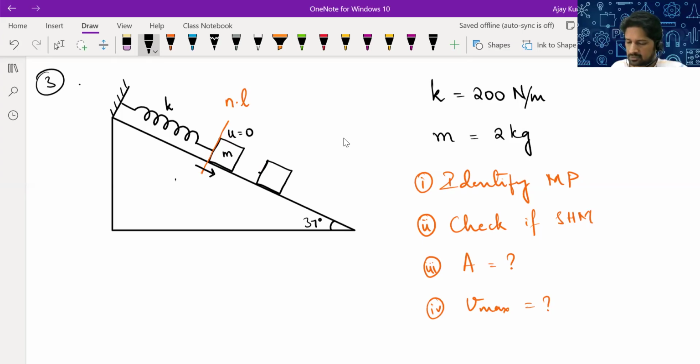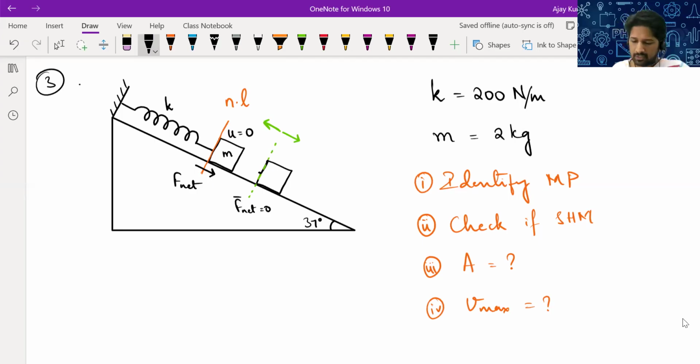So there will be a net force along the incline in the downward direction. So something has to balance that. The only thing which can balance it is the spring force. So at some position below, the spring force will be balancing the mg component, mg sine theta. That is where the net force becomes 0 and that is the mean position.